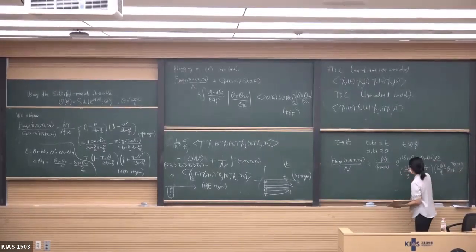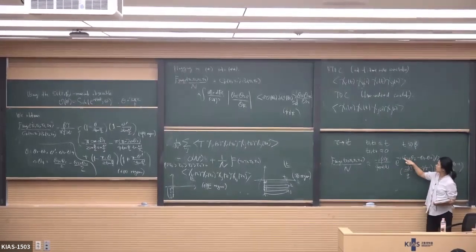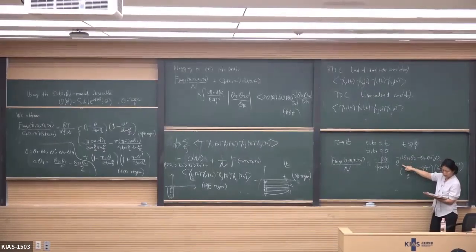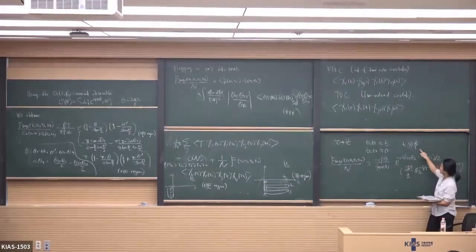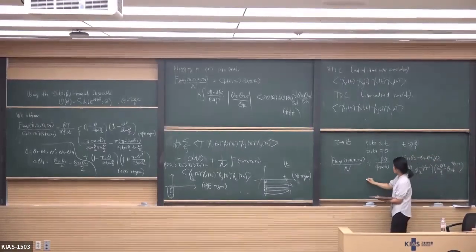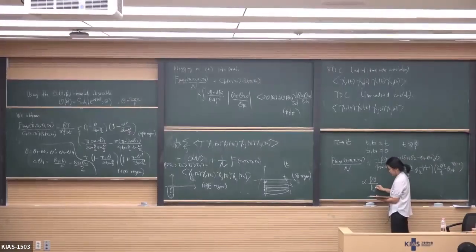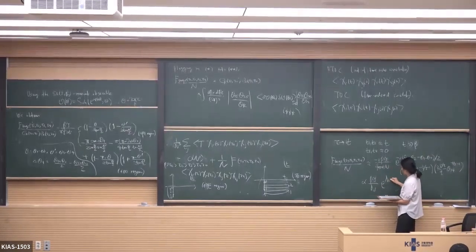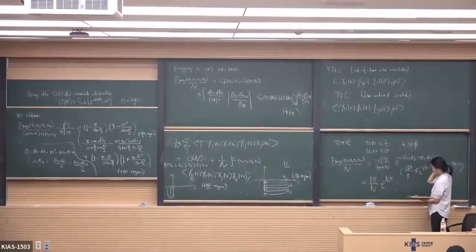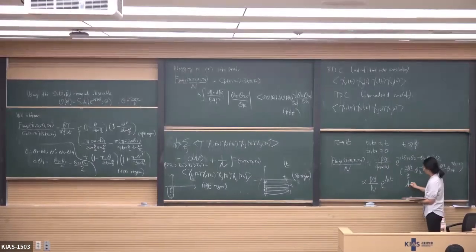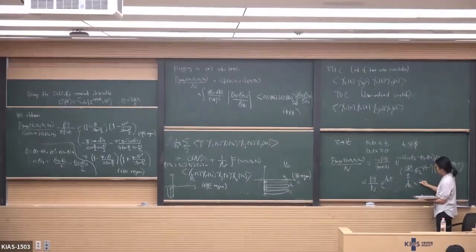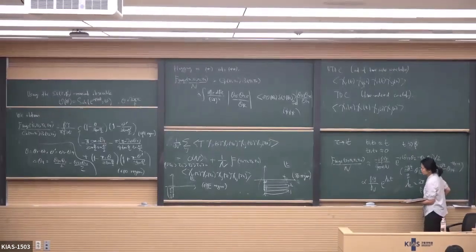Hopefully you can see that with this analytic continuation, we have an e to the 2 pi over beta times t coming from this factor. So this goes like beta J over n times e to the lambda L t, where lambda L is the Lyapunov exponent, which is 2 pi over beta.